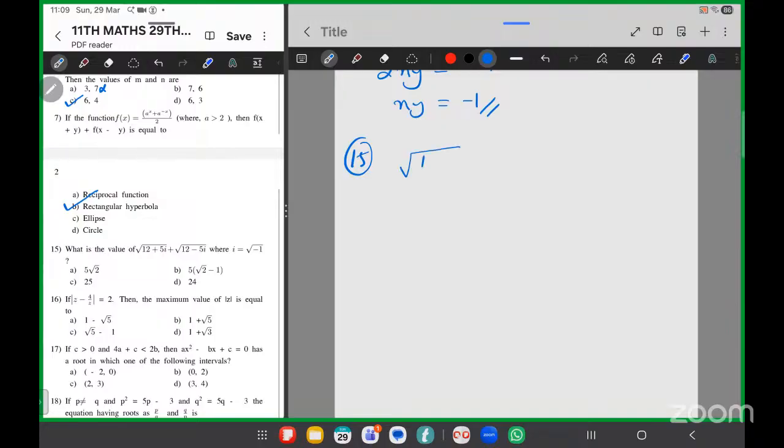Root of 12 plus 5 iota, plus, and the other one. इसको क्या करेगा?